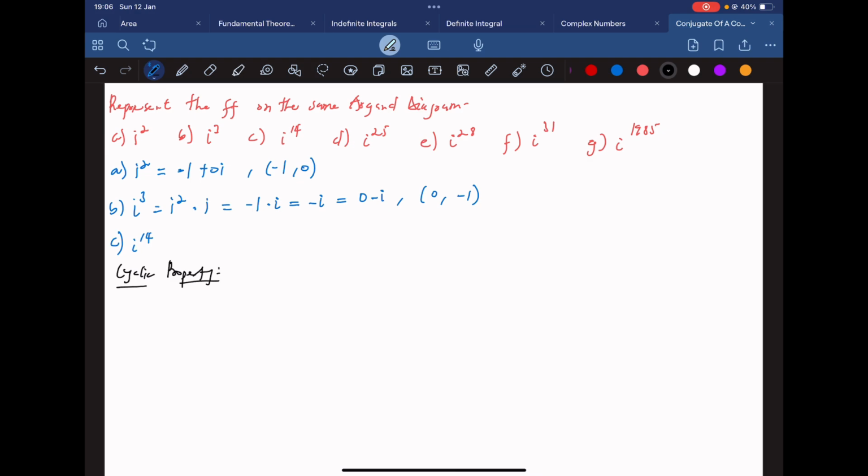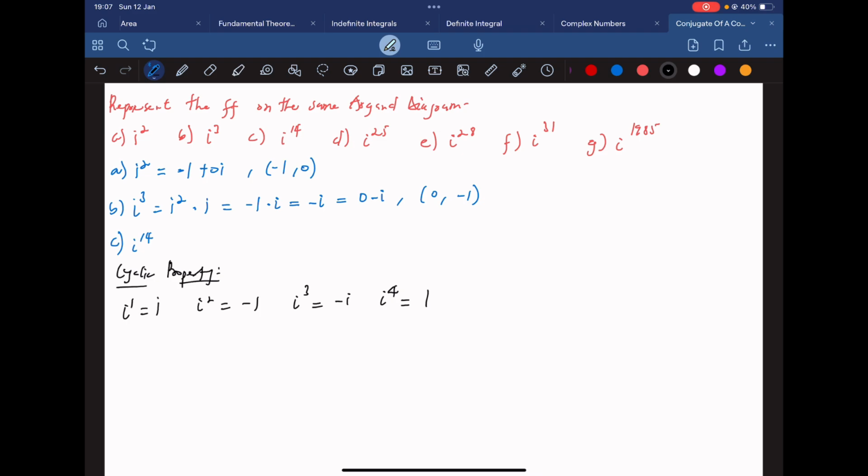For the cyclic property, what it says is that i to the exponent of 1 is i, right? i squared we know is -1. i cubed we know is -i, as we've established. Now i to the exponent of 4 is +1.